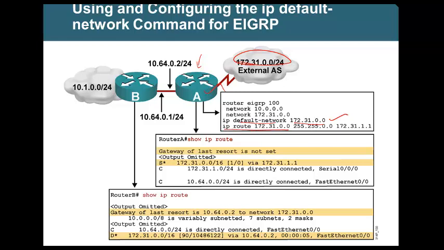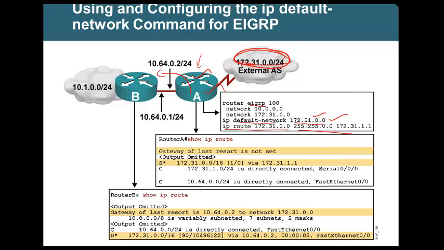If EIGRP needs to advertise a network, that network needs to be there in the routing table. For that sake, you wrote a static route and you have defined that network as a default network, and you are advertising that network also in EIGRP. Three things you are doing.